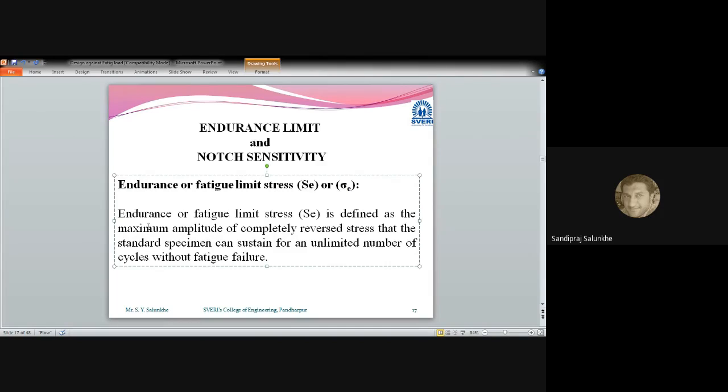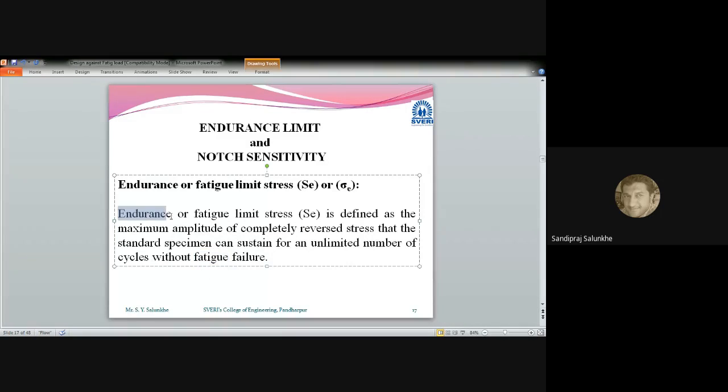So the endurance limit or fatigue limit is defined as the maximum amplitude of completely reversed stress that the standard specimen can sustain for an unlimited number of cycles without failure, or without fatigue failure. I'll read it once again.